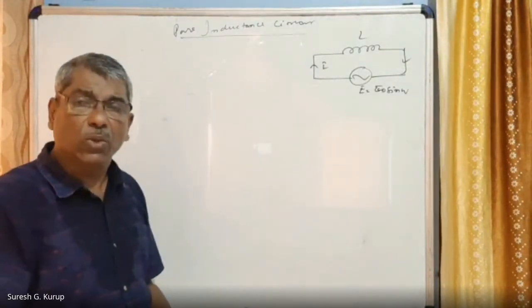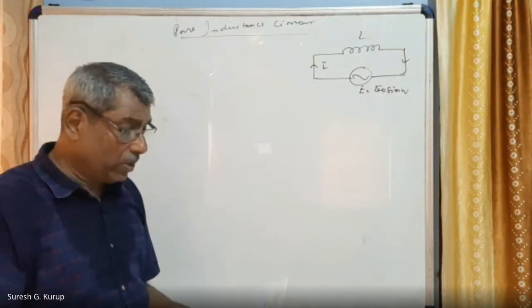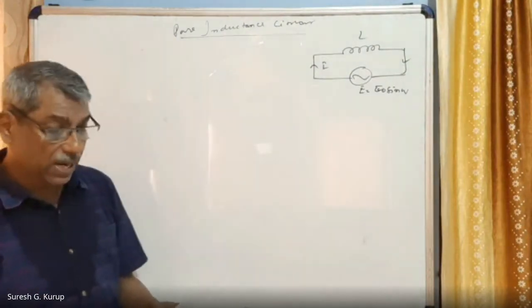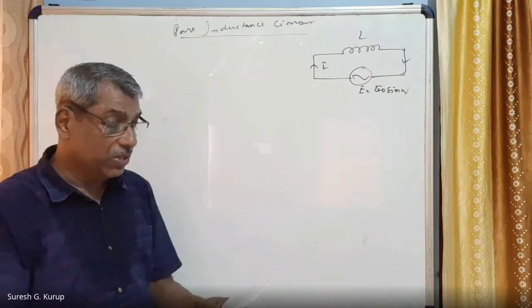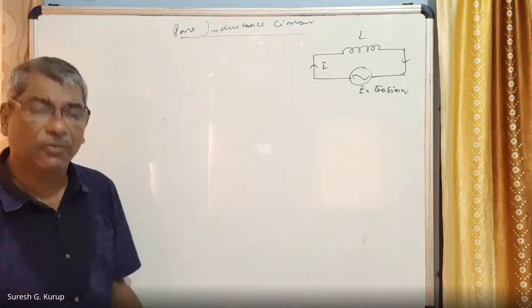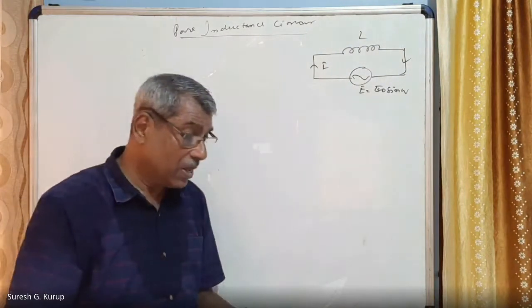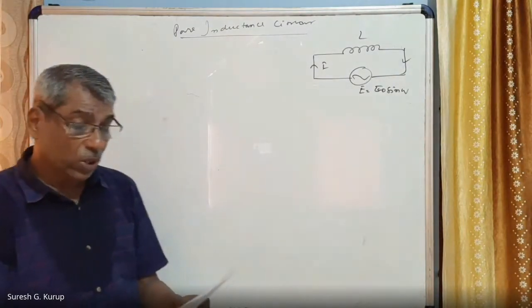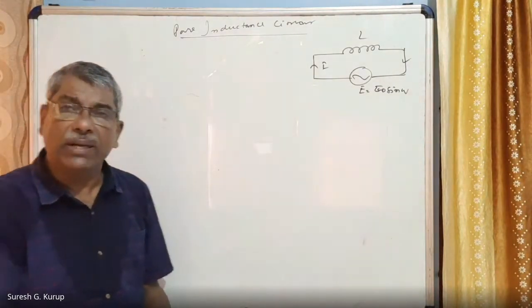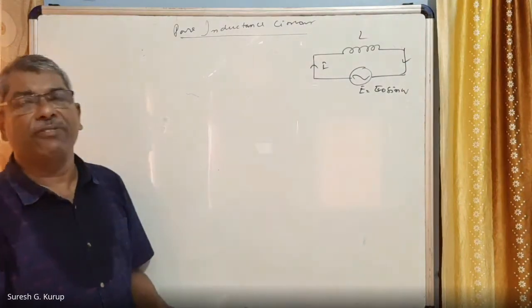The figure shows a pure inductance circuit with self-inductance L connected across an alternating EMF E equal to E0 sine omega t. If I is the current at any instant through the coil and di by dt is the rate of change of current through the coil.